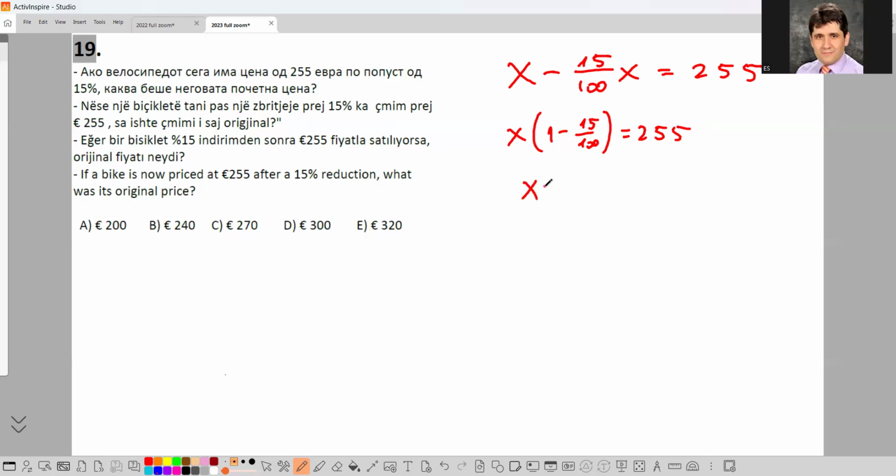So X times 85 over 100 is 255, which means X is actually 255 times 100 over 85. We can simplify by 5. The rest is just calculating the problem. If we simplify by 5, what do we get? This is 51.